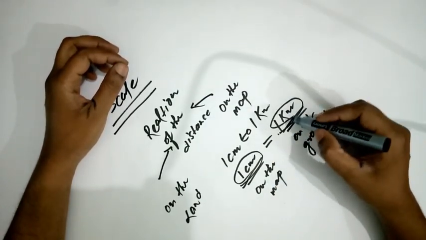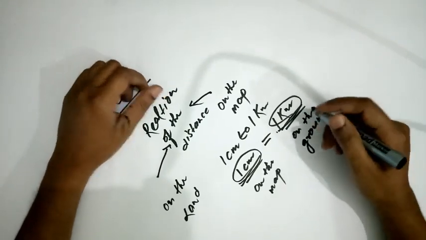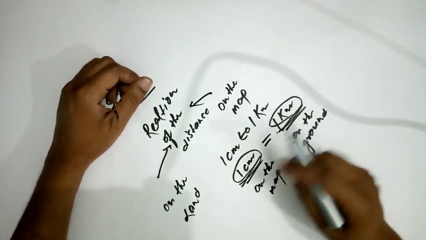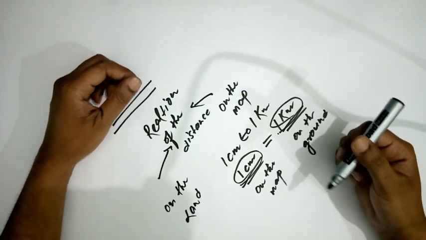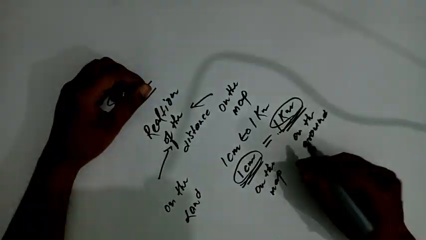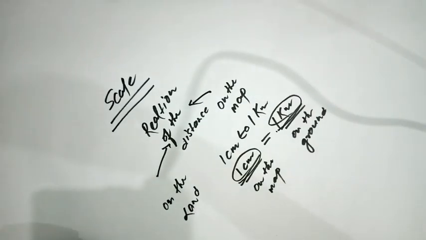So what we used to do, we convert this 1 kilometer into centimeters, then both the numbers and both the units will be the same. Maps may be of large scale or small scale. What large scale and small scale mean, we will read.